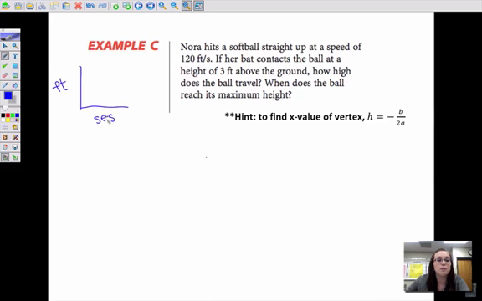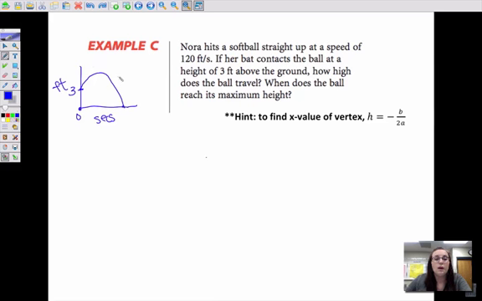And we do have a height of 3 feet above the ground when her bat hits the ball. So I know here is 3, and then I know that the ball will go up in the air, meet its maximum height, and then come back down, okay? And then obviously there's a second root over here somewhere, but we don't really need to know that one, and that one really doesn't apply in this particular situation.